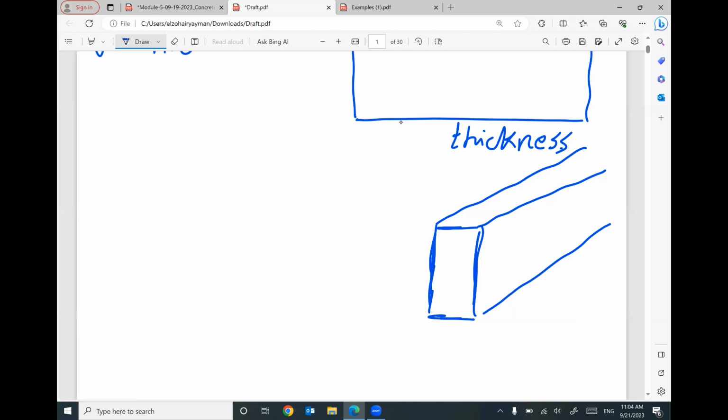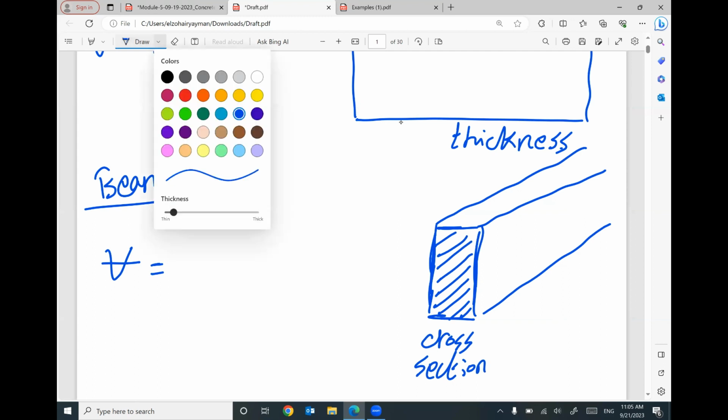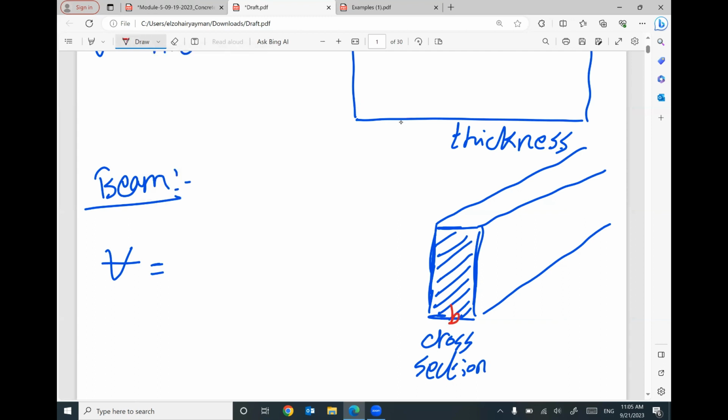If you would like to figure out the volume of this beam, you have to understand the concept. We will figure out the area of the cross section. This is called the cross section of the beam. It will be labeled like B times T. So if you multiply B by T, this is the area of the cross section.